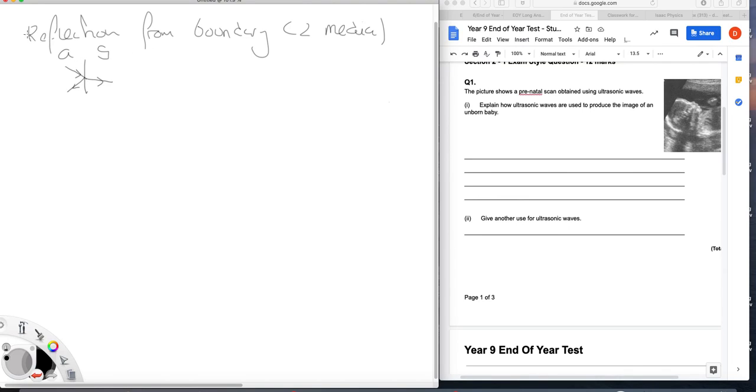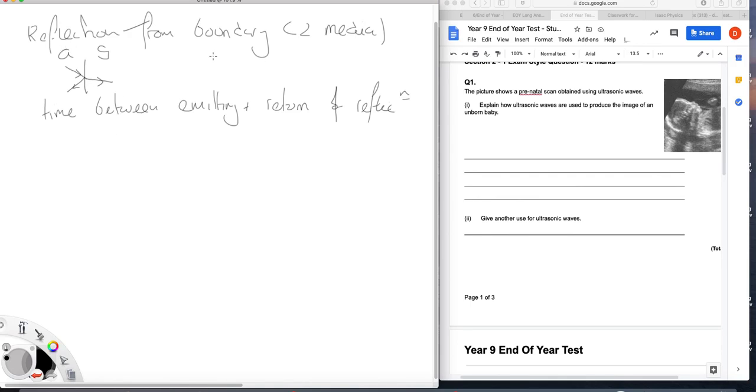So, reflection for 1 mark from that boundary, and the time between emitting the ray and the return of the reflection, that's used to make your image. So 2 marks.